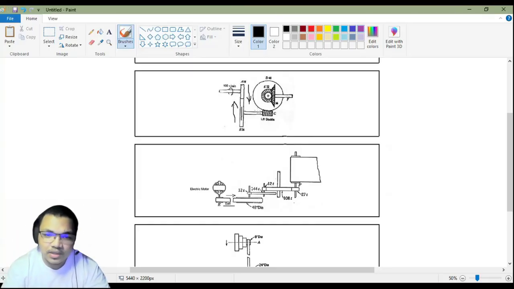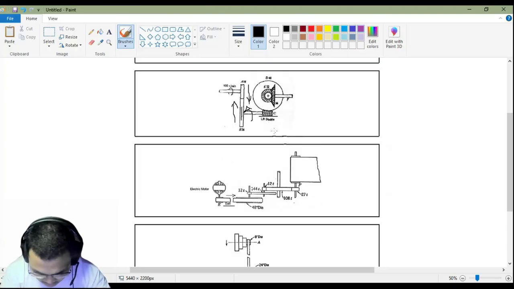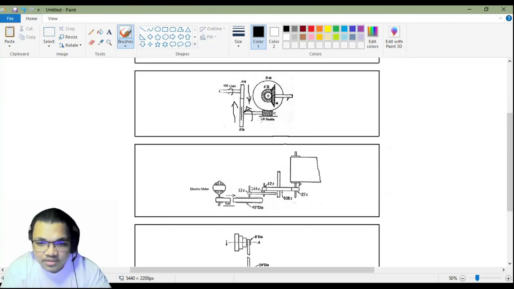Okay? With this gear rotating away from us, it's going to translate that to its shaft, thus causing this part, the screw part, to rotate outwards towards the right, thus causing this gear to turn counterclockwise.